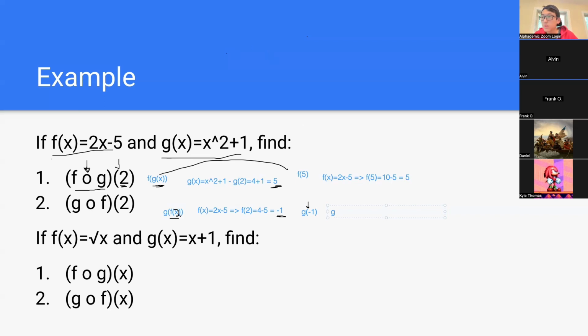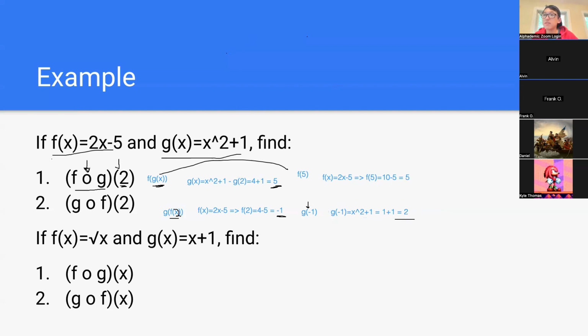Then g of -1 is equal to x squared plus 1, using the same equation that they gave up there, which is just 1 plus 1, which equals 2. So your final answer for the second problem would be 2.